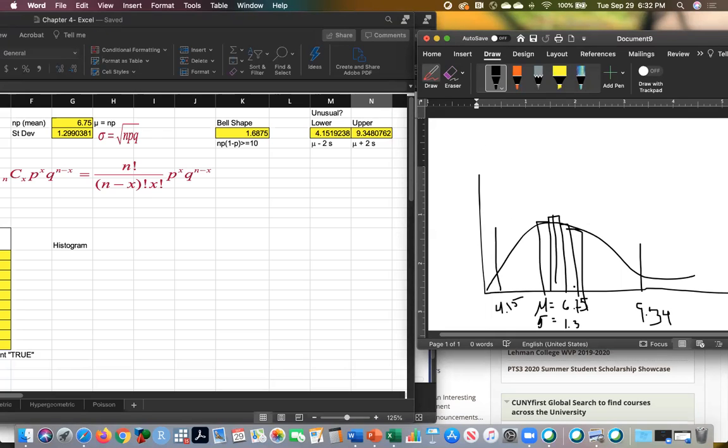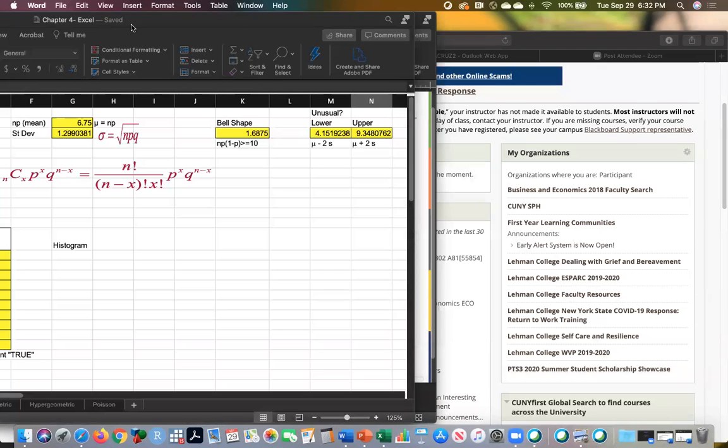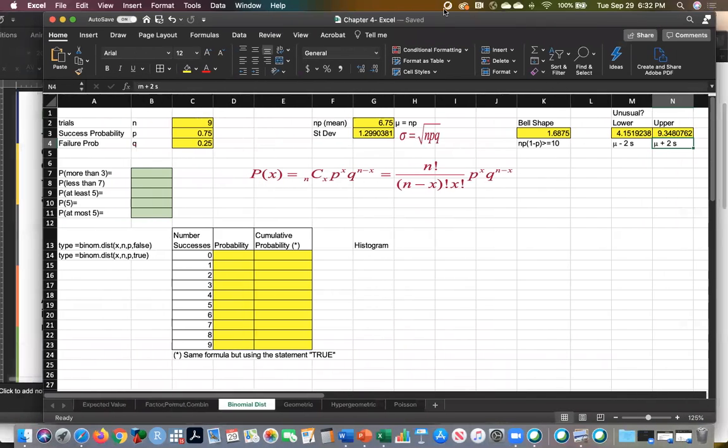But what we have to visualize is that we are going to be able to find the mean and the standard deviation, and we can see that any value that is unusual on the left should be lower than 0.15, and any value that is unusual to the right has to be greater than 9.34. We know that from the theorems that we have stated before.